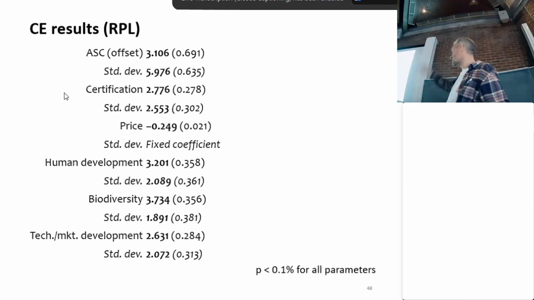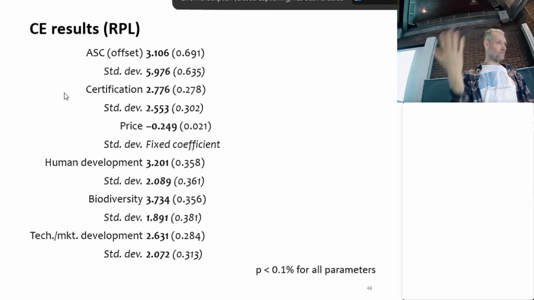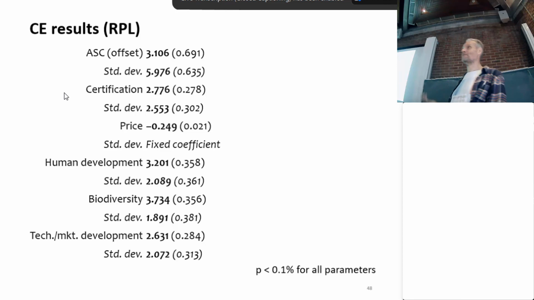And then you also find certification is important to people. The price elasticity is obviously negative. People were prepared to pay slightly more for biodiversity conservation than for something that helped people with their livelihoods, right?